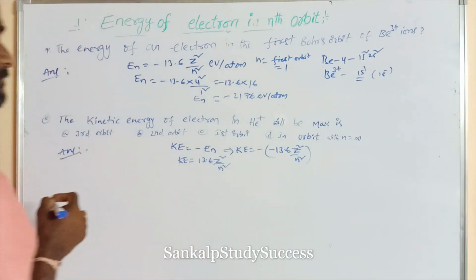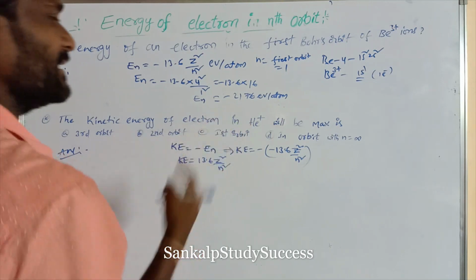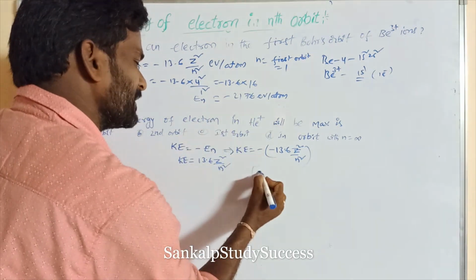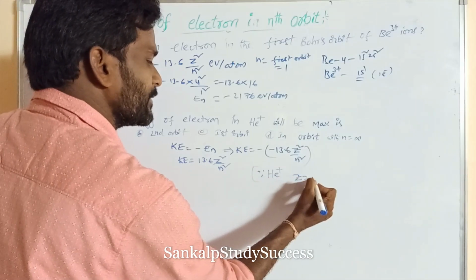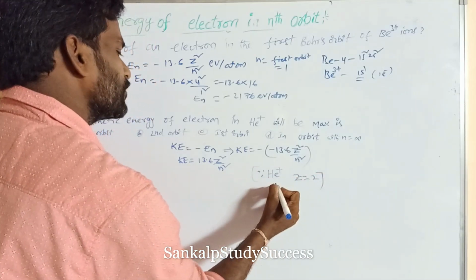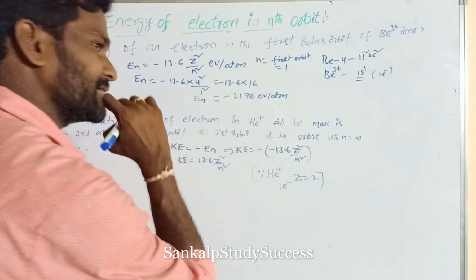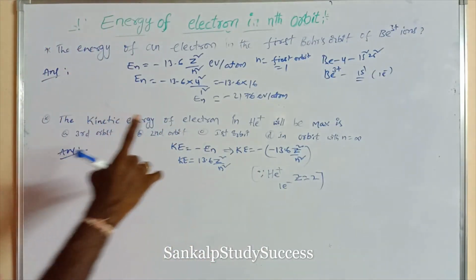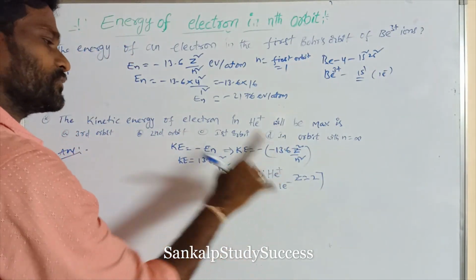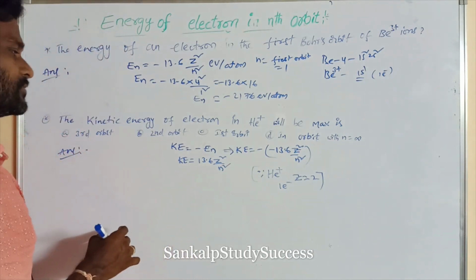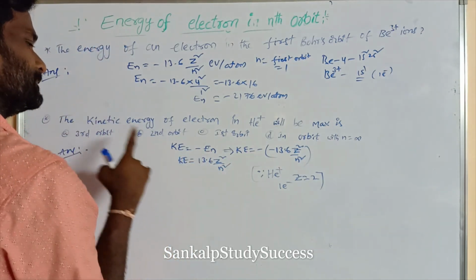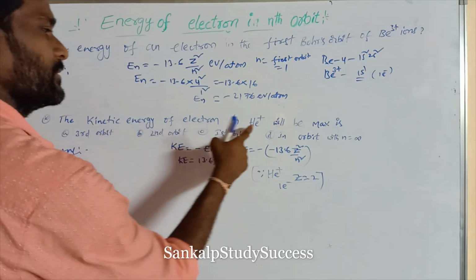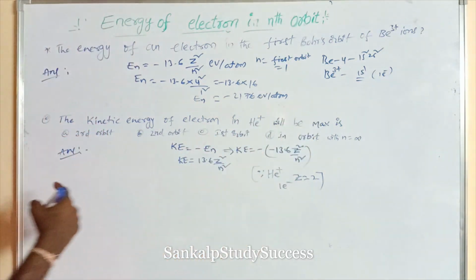Now the kinetic energy of electron in He plus: what is its atomic number? Z is equal to 2, helium. He contains 2 electrons, it loses 1 electron, so 1 electron is present.